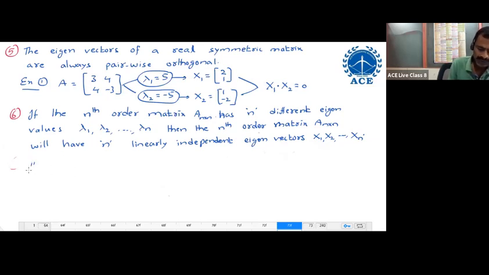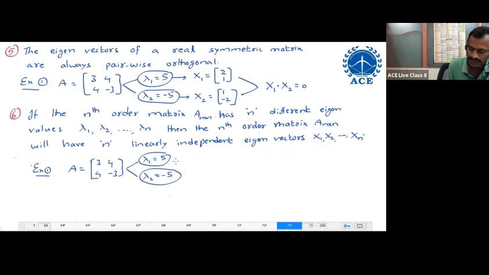If you want to write an example for this property, you can write the same example. A equal to 3, 4, 4, minus 3. For this matrix, lambda 1 equal to 5, lambda 2 equal to minus 5. Corresponding eigenvectors are x1 equal to 2, 1, x2 equal to 1, minus 2.